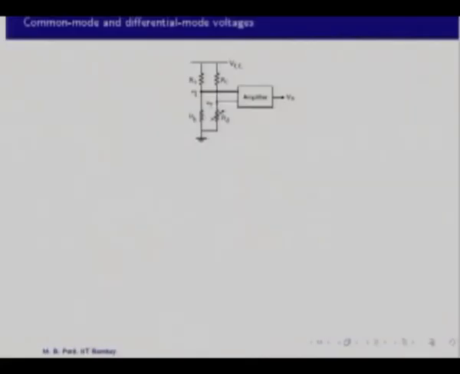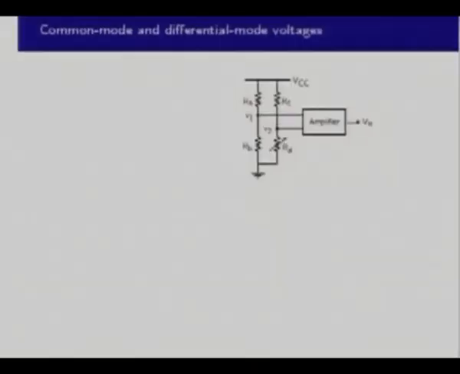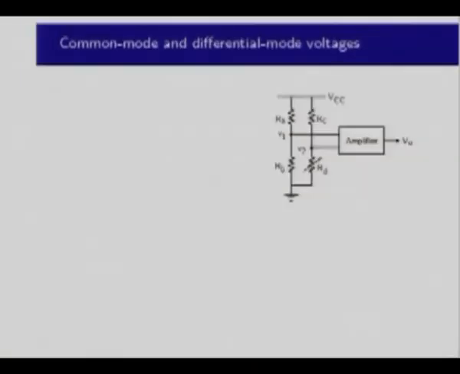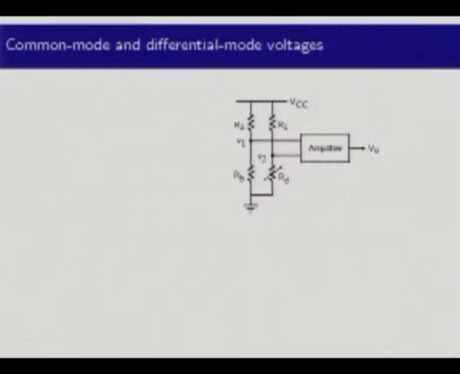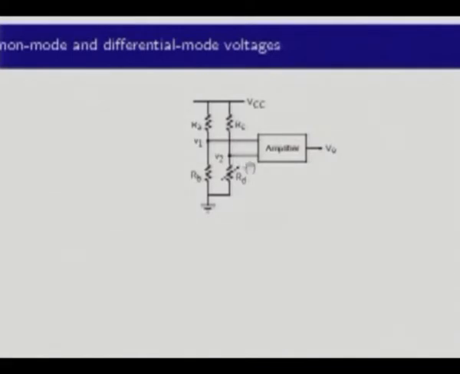Okay, so let's just take this example, and this is a very, very typical instrumentation amplifier kind of application. Let's say you are sensing a temperature or pressure, and that quantity is going to influence one of these resistances.